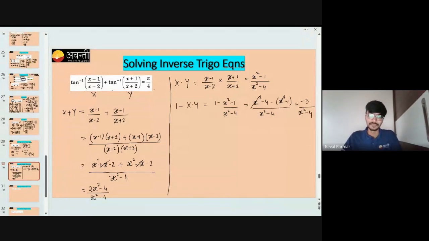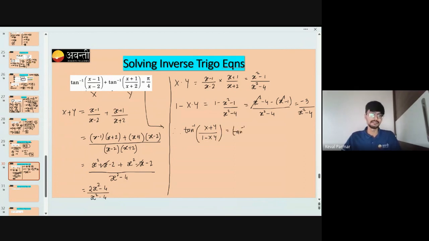So my equation will become tan inverse of, what was the formula? x plus y upon 1 minus x into y. So I will get tan inverse of, what was the value of x plus y?